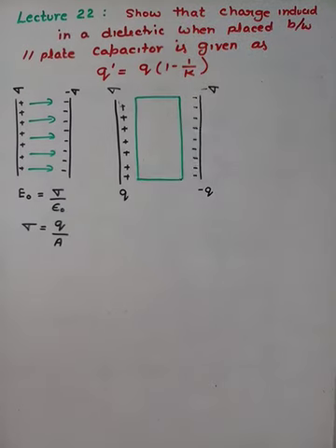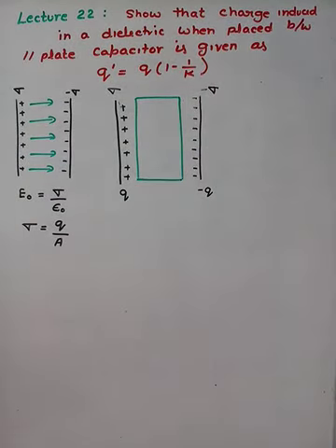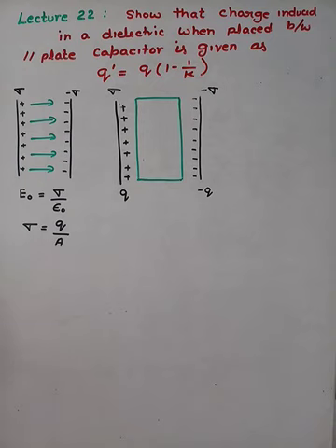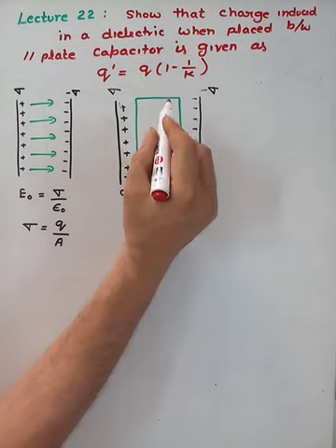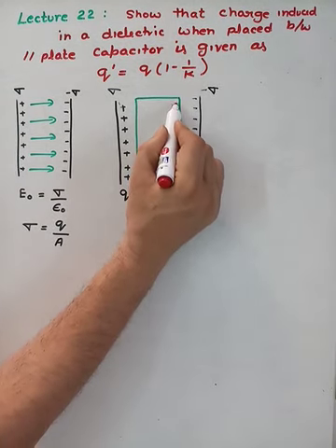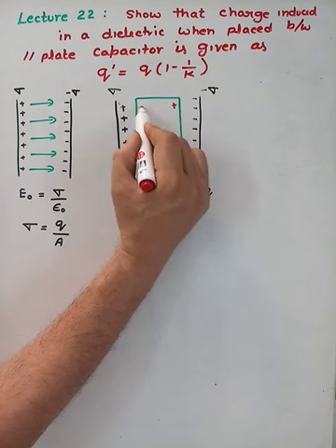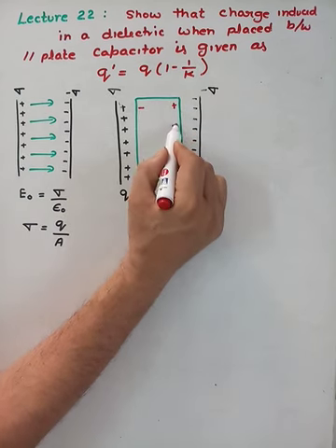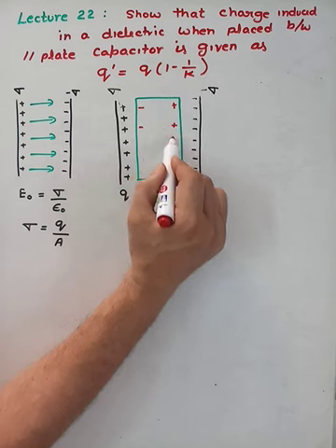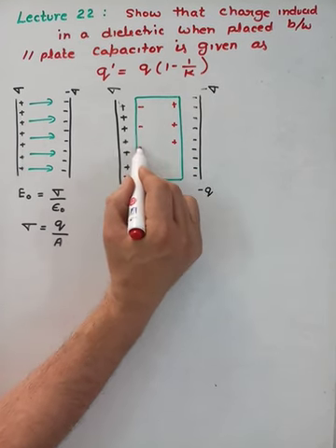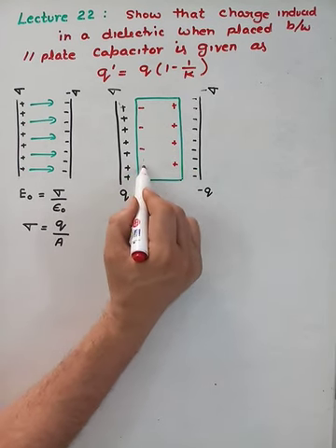Now what will happen when we introduce a dielectric? When we insert a dielectric, the polarization takes place, due to which this surface acquires net positive charge, this surface acquires net negative charge. In this way we get polarization of charge.